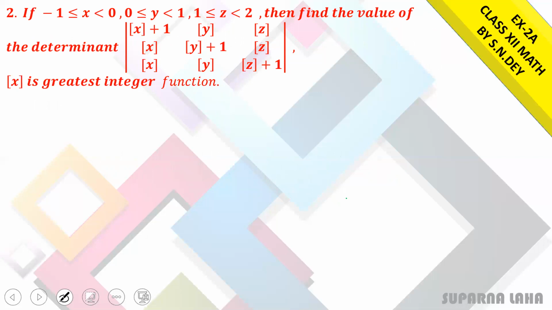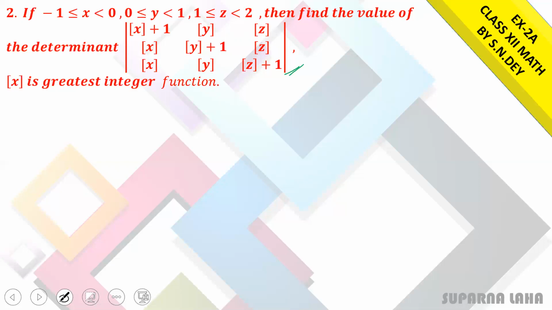Before 0 we will take all the values as x, and from 0 to 1, excluding 1, all the values for y, and z belongs to where 1 is less than or equal to z less than 2, that means except 2. From 1 to 2, except 2, all the values we take as z. Then you need to find the value of this determinant.